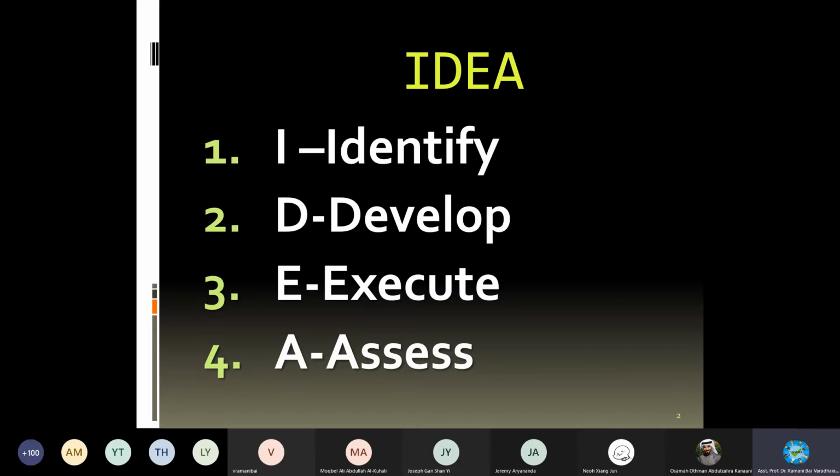You should adapt IDEA in your engineering design, then your design is complete. I stands for Identify, D stands for Develop, E stands for Execute, A stands for Assess. Each one has two or three subheadings to follow, to understand, and then adapt in your design.